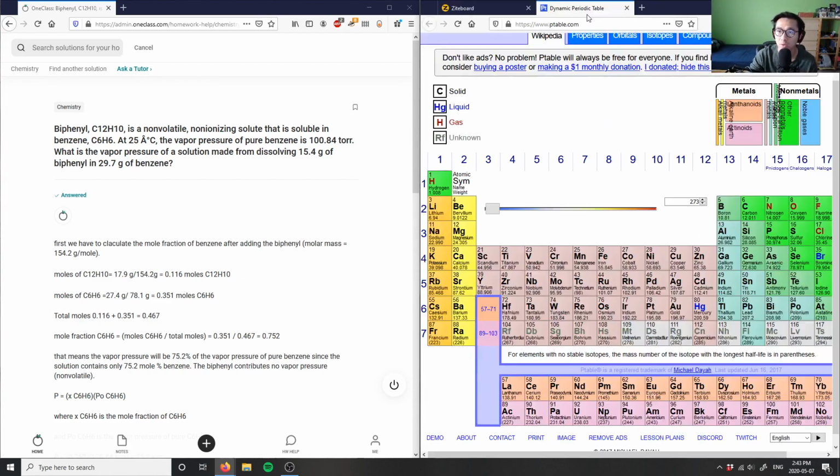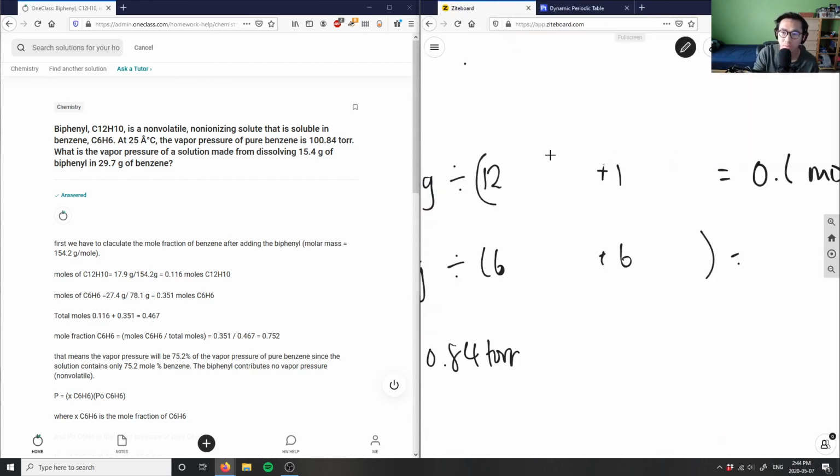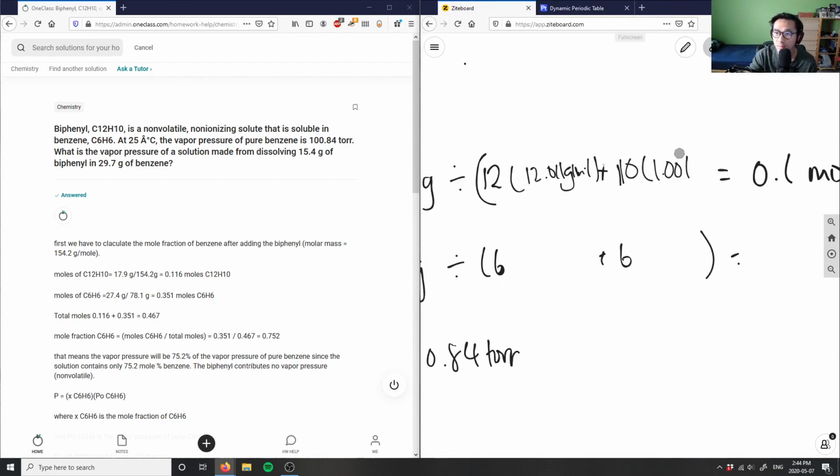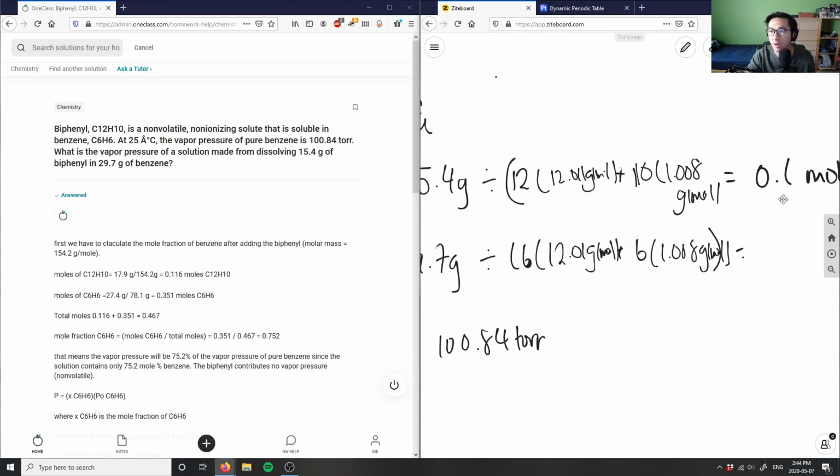I'm going to do 12 times 12.011 instead of 12, just to avoid some type of decimal error, and this here was 10 times 1.008 grams per mole, since that's hydrogen. Just to avoid some type of confusion, this is 12.01 grams per mole, and this here is 1.008 grams per mole. And then let me do that on my calculator here.